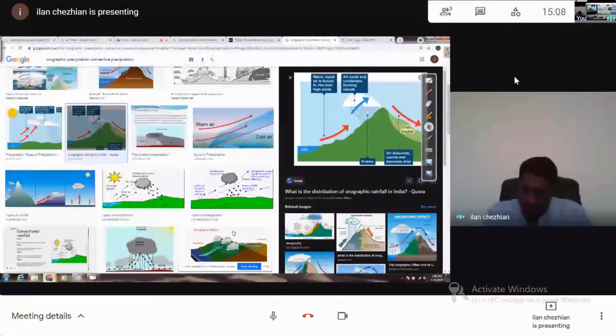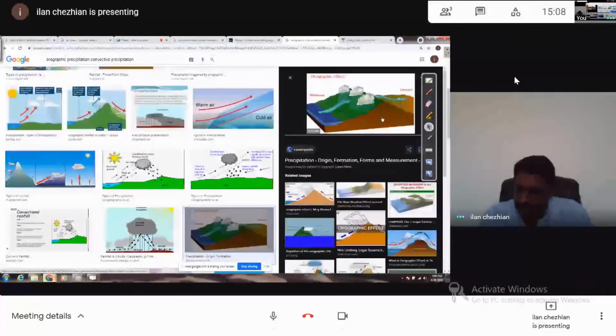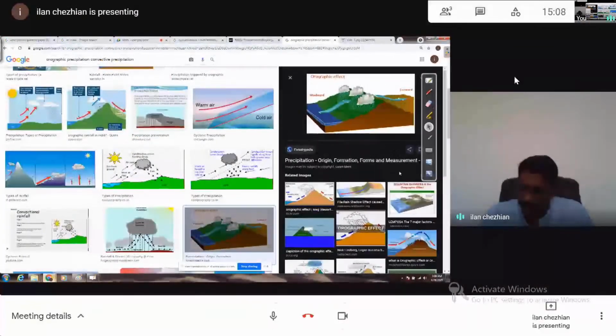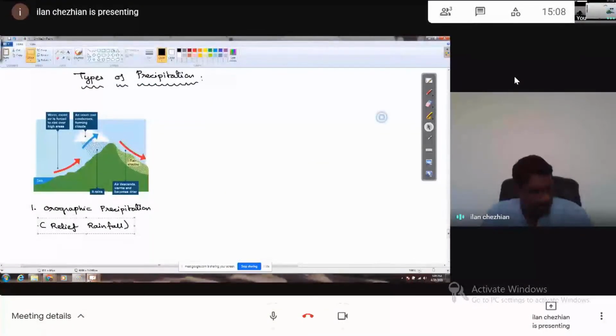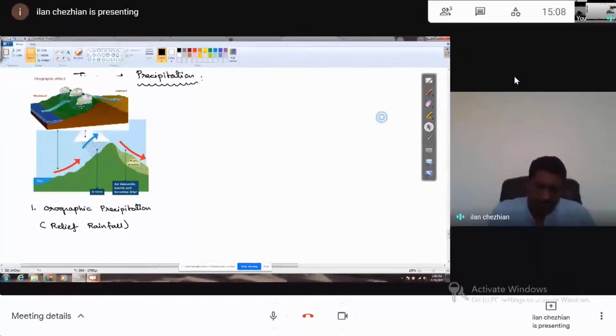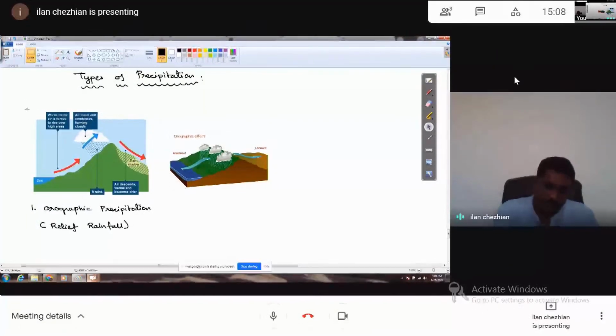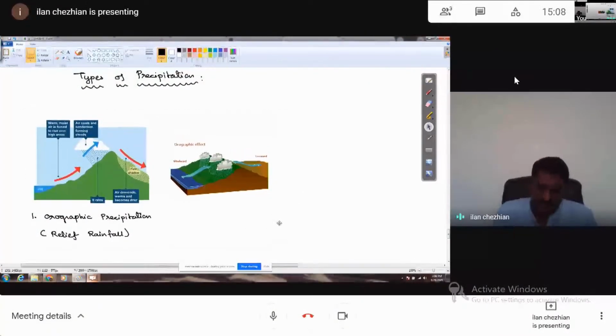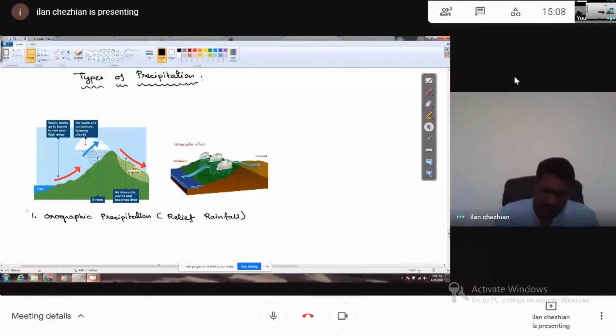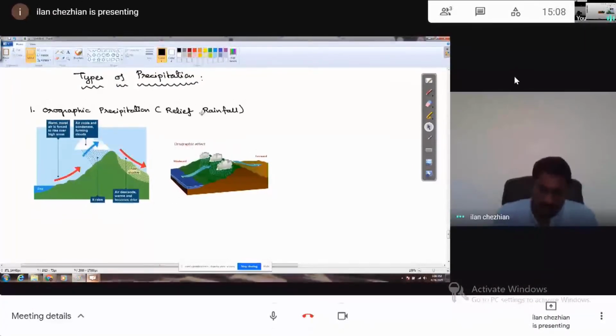Am I right? See? The windward and the leeward side, as we see. Oro means mountain, my friend. The same thing. We call them as what? Orographic precipitation. Correct. As I said, sometimes you also call them as what? Relief precipitation. Right. Then what exactly is another type, if you ask me? In the middle latitude, my friend. Right.